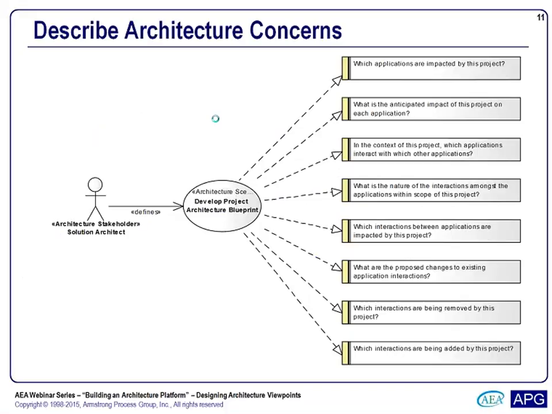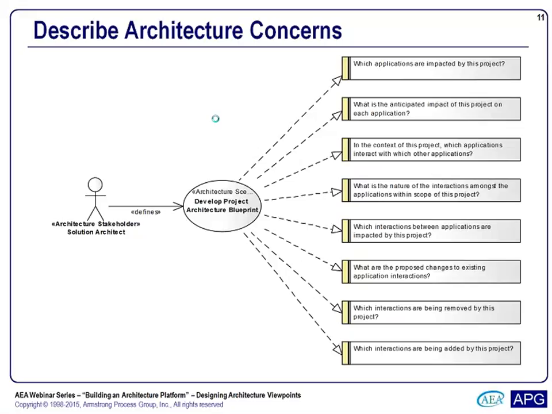And what is the anticipated impact of this project on each individual application? In the context of this project, which applications are interacting with other applications? This gets to understanding application context and interaction. What's the nature of those interactions? Are any of those interactions going to be changed?